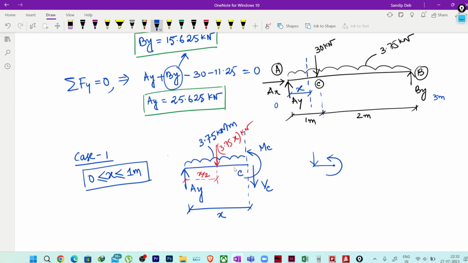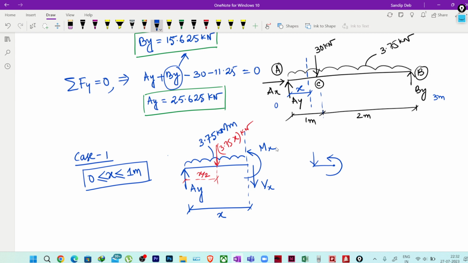No, this is not C actually. What should I write? This is x. Okay, let me write it as Vx and Mx only. Just for our understanding, some names we have given.